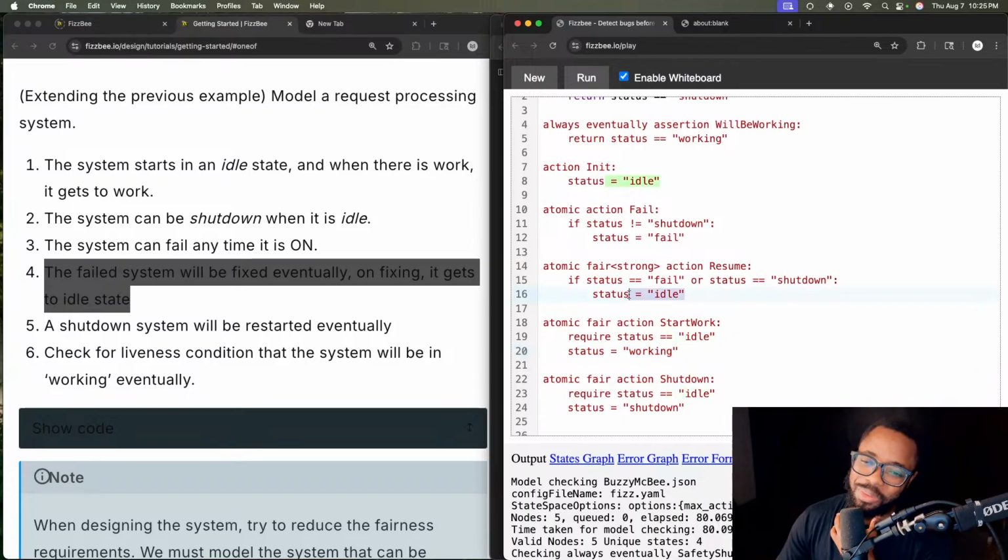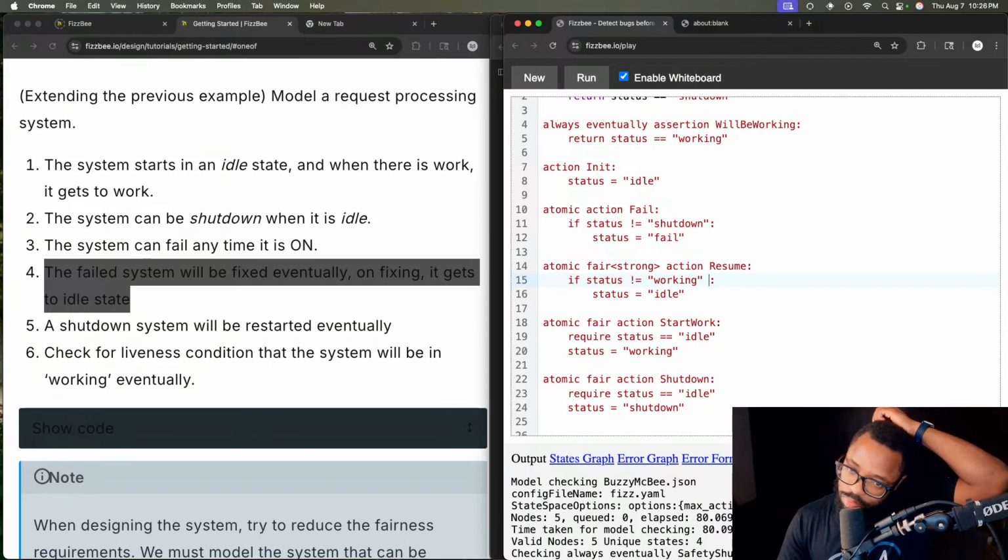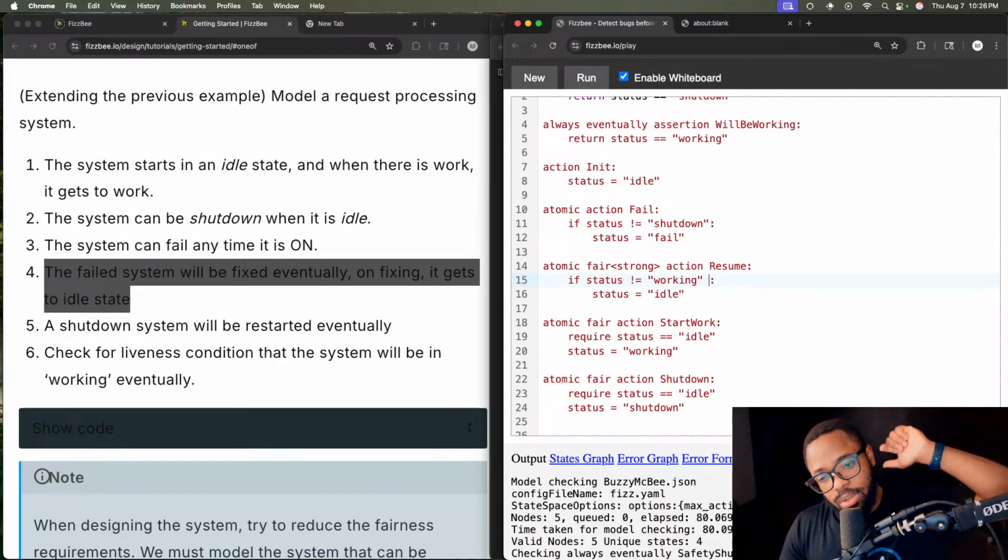Can a system go from idle to idle? Because then I can just say if status is not equal to working, so it's either fail, shut down, what's the other one? Wait, isn't it? Or idle, even.